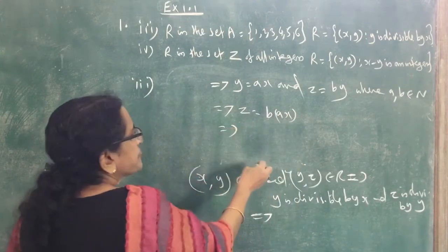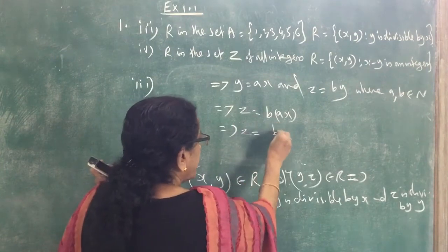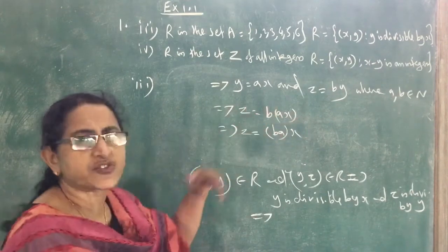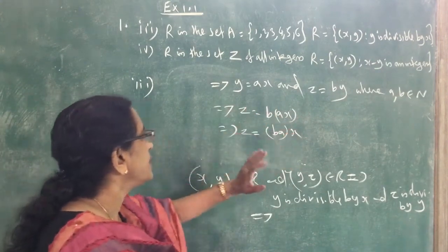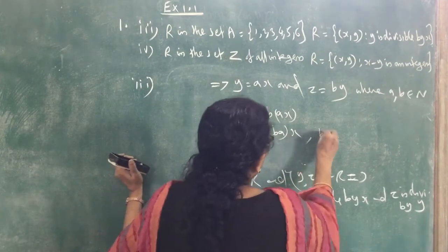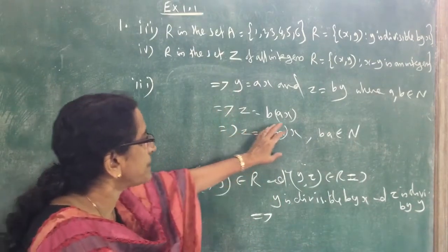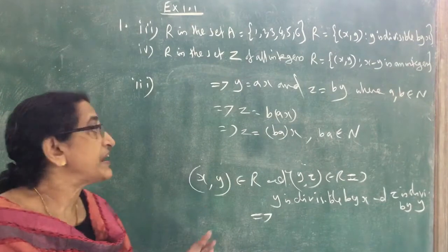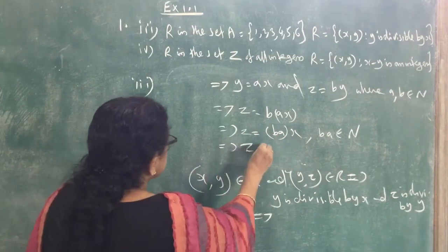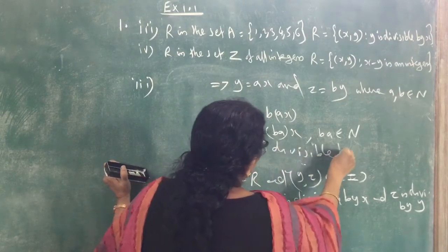That implies z equals ba into x, where b and a are natural numbers, so ba is an element of natural numbers. That means z equals some natural number into x. That means z is divisible by x.